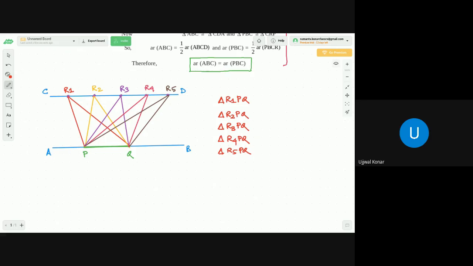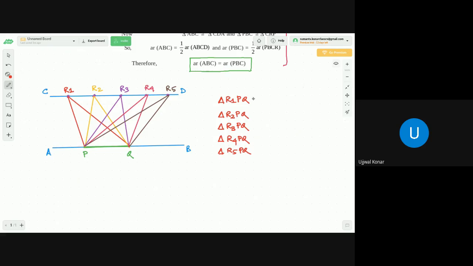Now, apart from the theorem, we are just applying the area of a triangle. What is area of a triangle? Half into base into altitude. All their bases are same, PQ. Correct? Their bases are same, PQ, right?